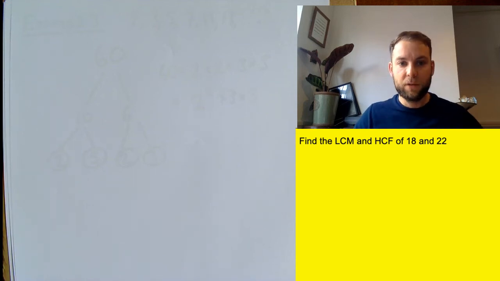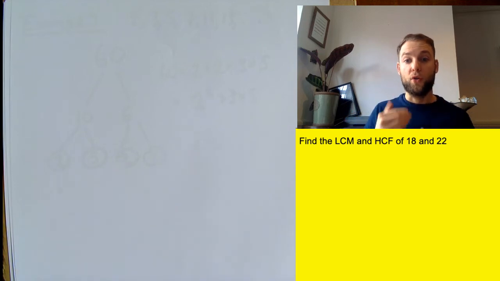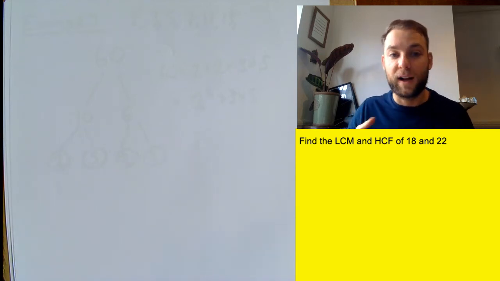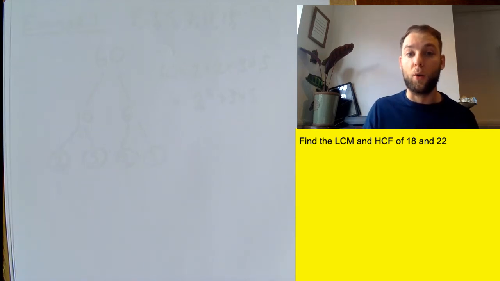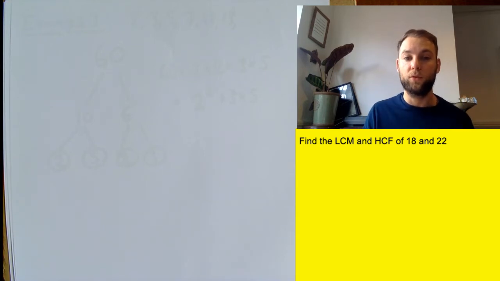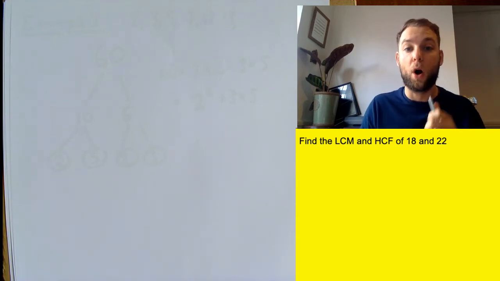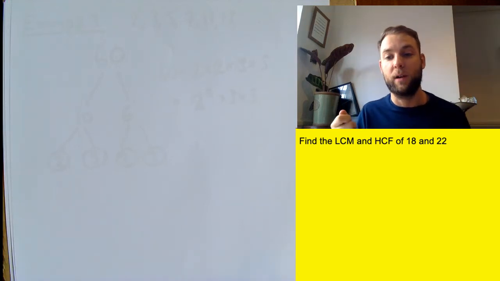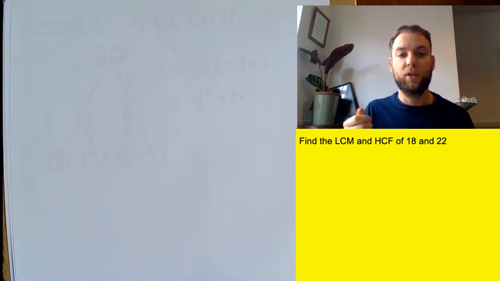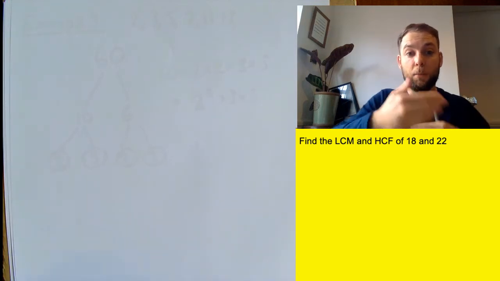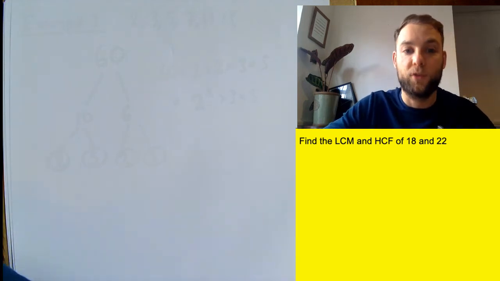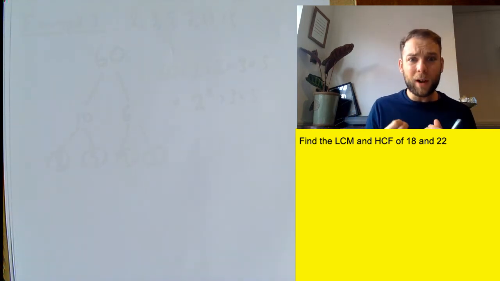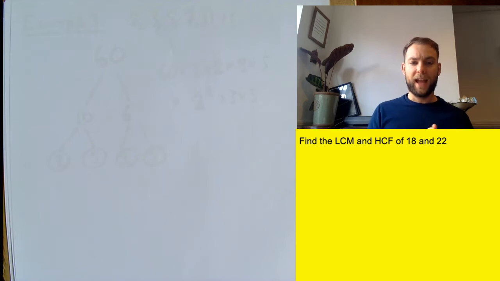Okay, now sometimes they ask for the lowest common multiple and the highest common factor of 2 numbers. So what's the lowest common multiple of both 18 and 22? We're trying to find the number which is in the multiples of 18 and the multiples of 22. That's quite difficult because the multiples of 18 are going to be 18, 36, and you carry on with those.